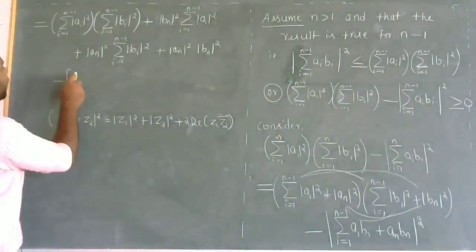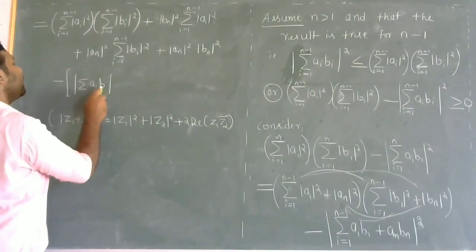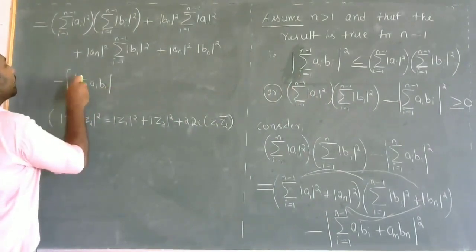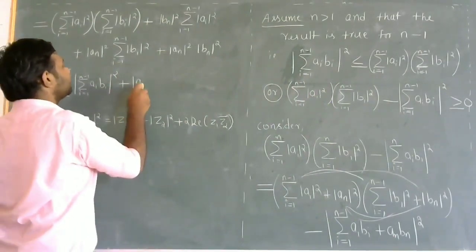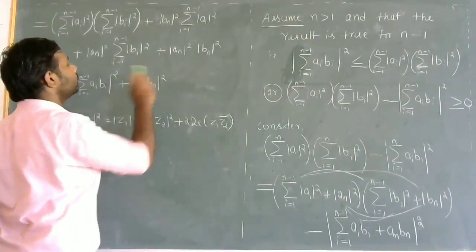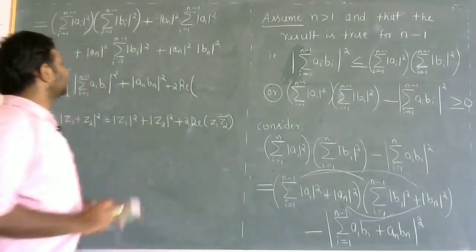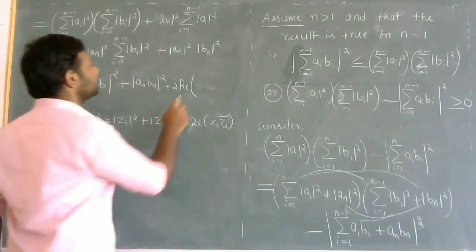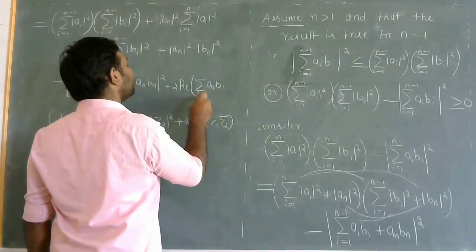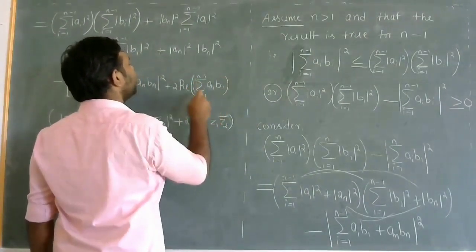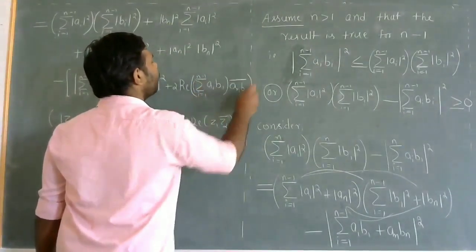So the expansion will be modulus of z1, summation ai bi, i running from 1 to n minus 1, square, plus z2 whole square, modulus of an bn whole square, plus 2 into real part of z1 into z2 bar, that is summation ai bi, i running from 1 to n minus 1, into z2 bar, that is an bn whole bar.